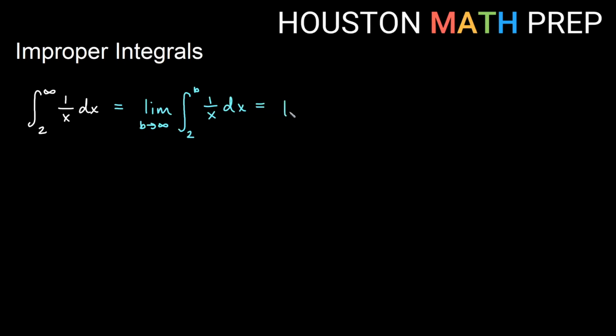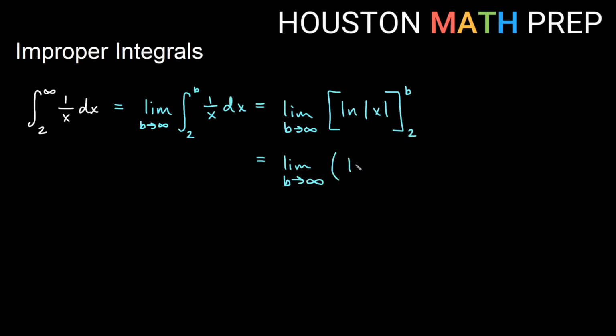So that will become the limit as b approaches infinity of my antiderivative, ln absolute value of x, evaluated from 2 to b. And remember, we're letting b tend toward infinity. So we'll plug in our bounds. That will be the limit as b approaches infinity of ln of b minus ln of 2.